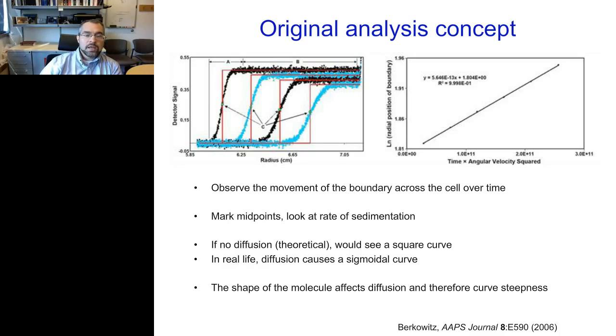So if we look at the upper left, this is a very nice illustration from this paper by Berkowitz, but you can see that there are a number of well-defined boundaries that are traveling through our sample cell.